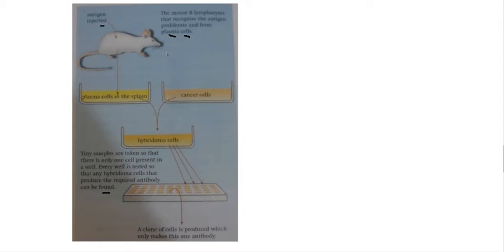For example, we have an antigen. This one is an antigen, and this one has a receptor. We will inject this inside the mouse.